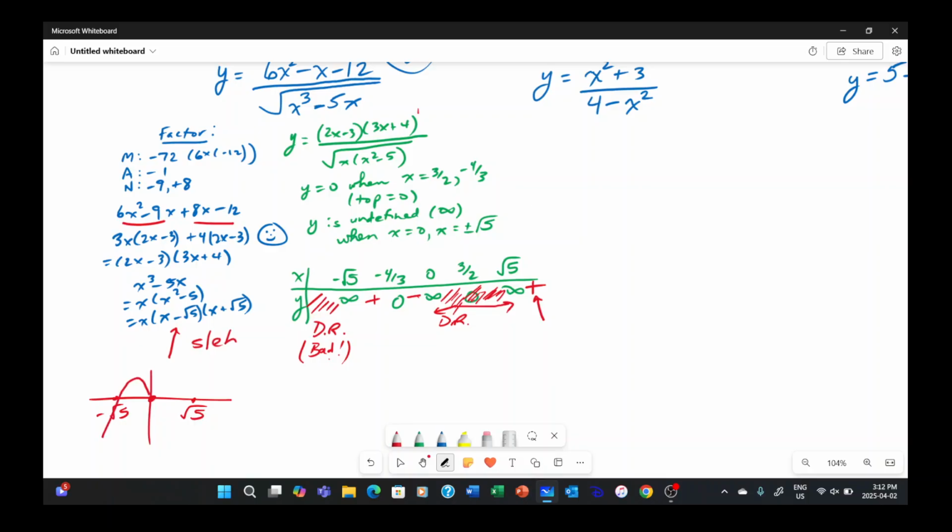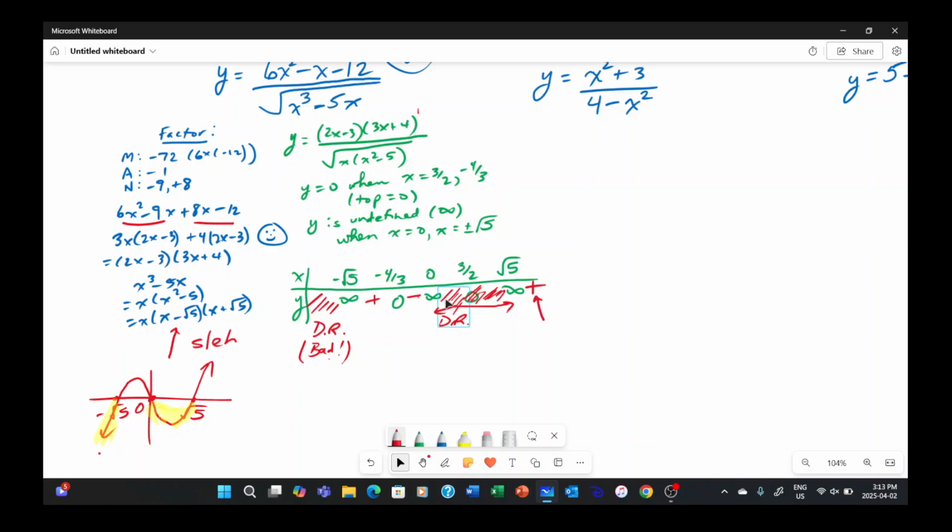So it's going to go like this, and like this, and like this. So the cubic was negative over here at the left, and I can even highlight it here if it helps. It was negative there, and it was negative between 0 and root 5. So I'm pretty sure that's where our problems are going to lie: to the left of negative root 5, and in between 0 and root 5.